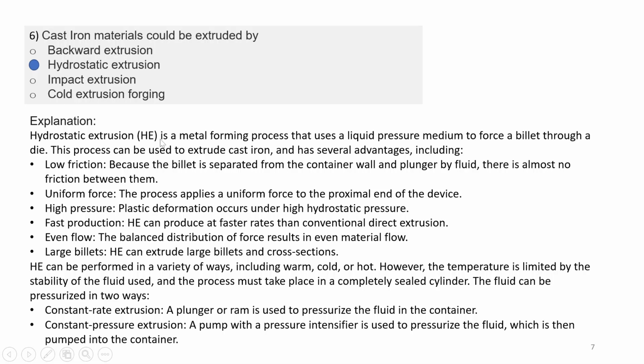Hydrostatic extrusion is a metal forming process which uses a liquid pressure medium to force a billet through a die, and this process can be used to extrude cast iron. It has several advantages such as low friction, because the billet is separated from the container wall and plunger by fluid. There is almost no friction between them.